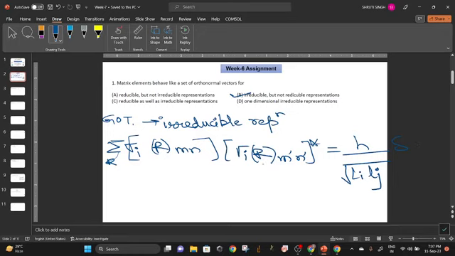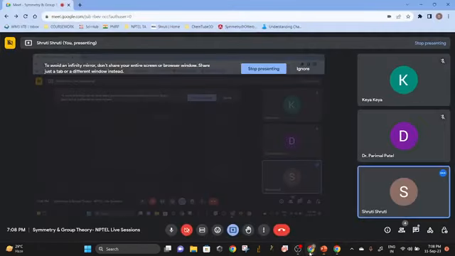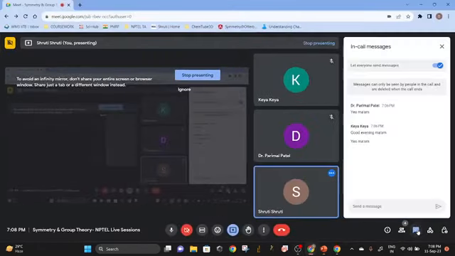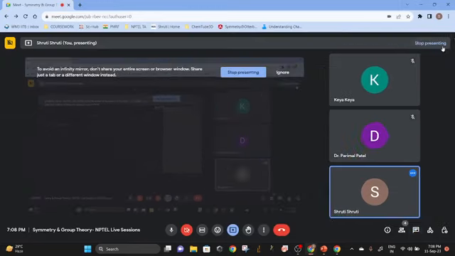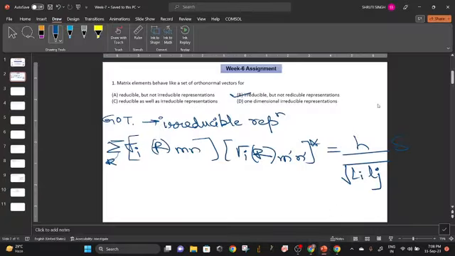So if these representations are same, we'll get just the normalization constant, and if they are different, if they are orthonormal, it will be 0. Is this question fine? Yes, ma'am.